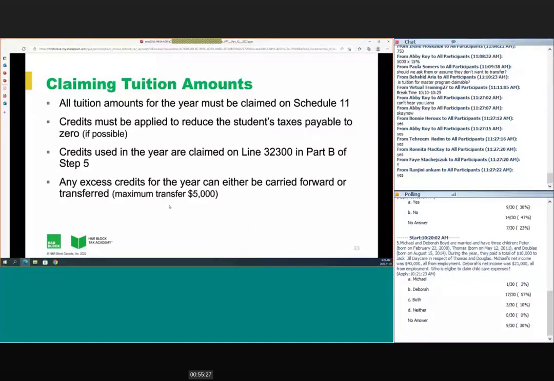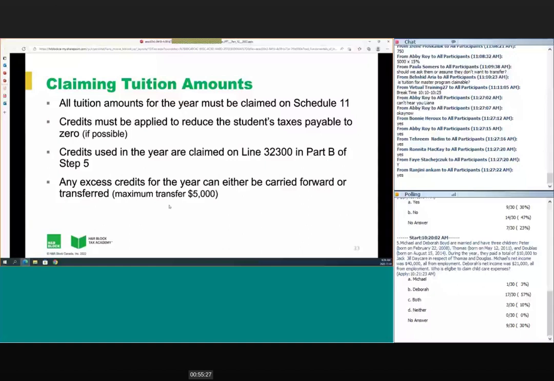Only tuition amounts in the current year can be transferred. Once it's carried forward, you'd have to do an adjustment, or you can only claim the amount that is incurred in the year. Very clear. And the Schedule 11 is set up to do that for us.